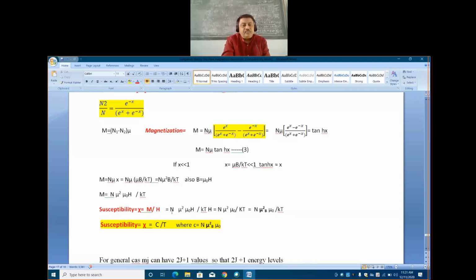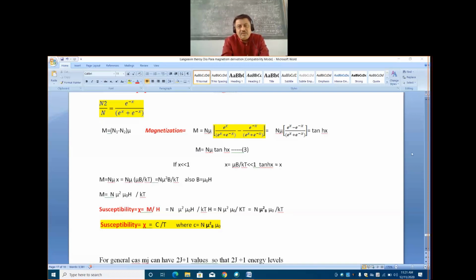This is equal to M, which is N mu square mu naught H whole divided by kT, and the H which is in the numerator and H in the denominator gets cancelled.